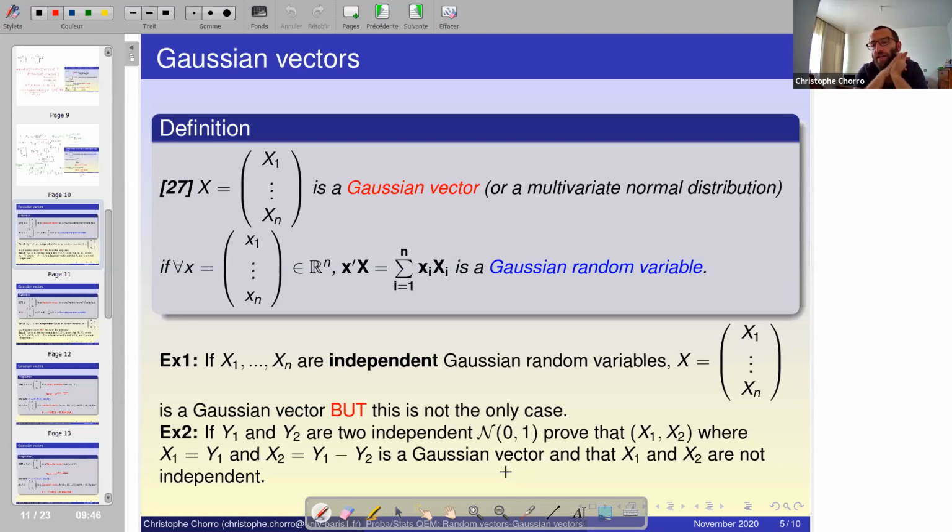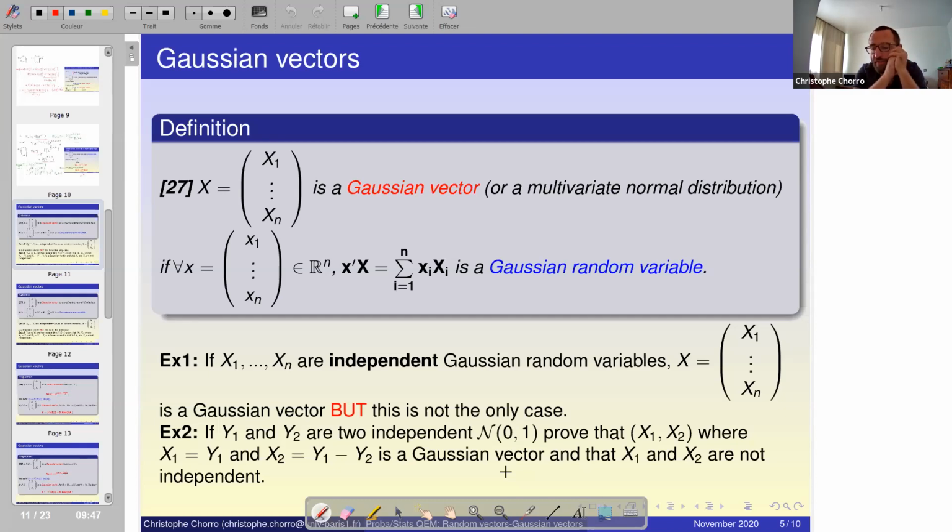So I have a nice expression for the moment generating function in the case of a single Gaussian random variable. And if I want to have these properties for my multivariate extension, if I take as a definition of a Gaussian vector a vector for which the components are Gaussian, I won't be able to obtain this.